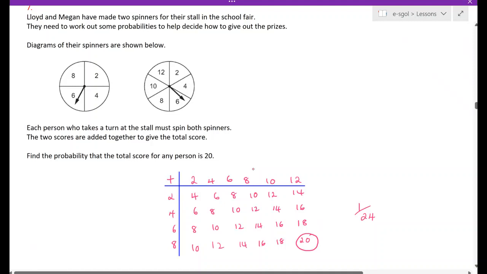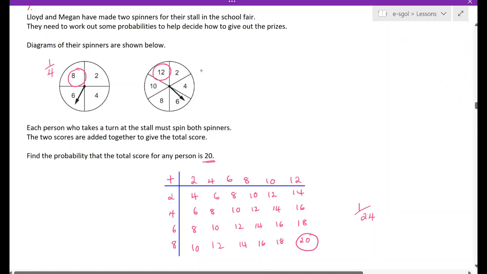But it's not the only way that I could have answered this question. What I could have done is looked at it and said, well, in order to get 20, the only way you can get 20 is by scoring an 8 on this spinner and by scoring a 12 on this spinner. And the chance of getting an 8 on this spinner is 1 out of 4, 1/4.